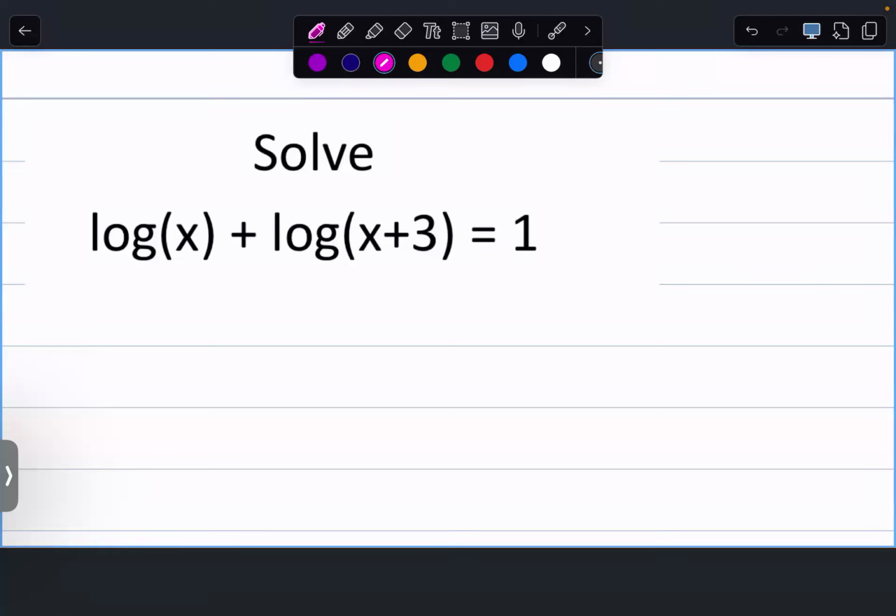How about this one? This little guy looks like a troublemaker to me. Why? Because I'm going to glance ahead and I see when I combine this as a log, I'm adding 2 logs, which means I'm going to multiply x times x plus 3.